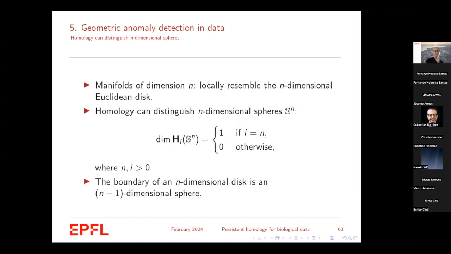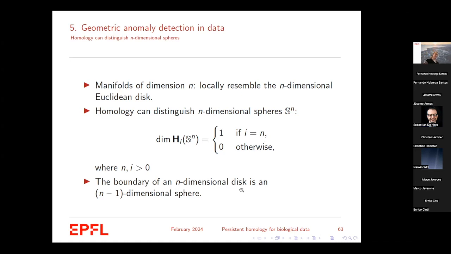What we started out with is that manifolds of dimension n locally resemble an n-dimensional Euclidean disk. But homology in general can't really distinguish disks, but it can distinguish n-dimensional spheres, because the dimension of the ith homology is 1 if i equals n, or 0 otherwise.